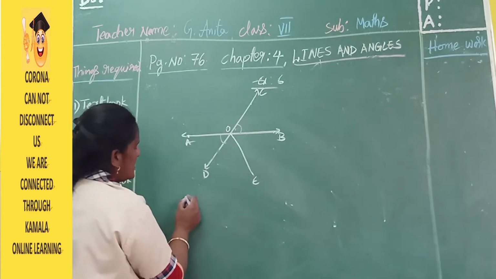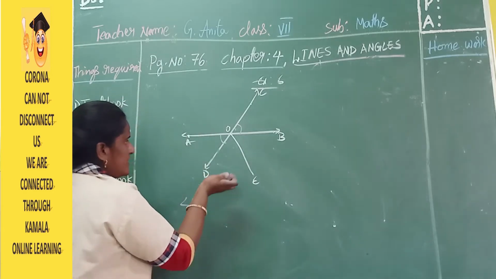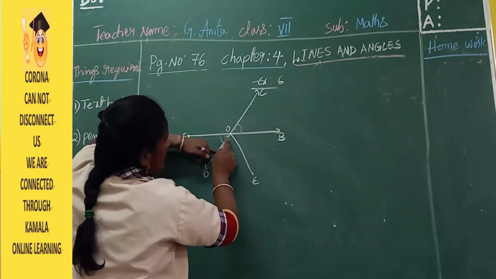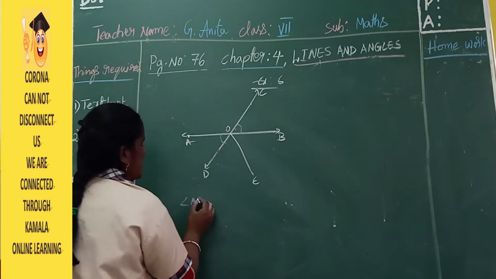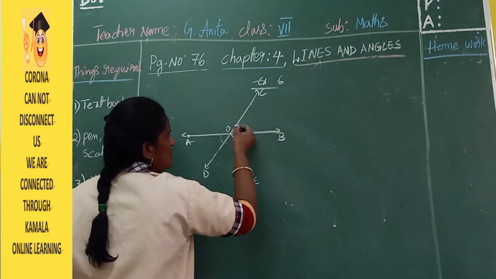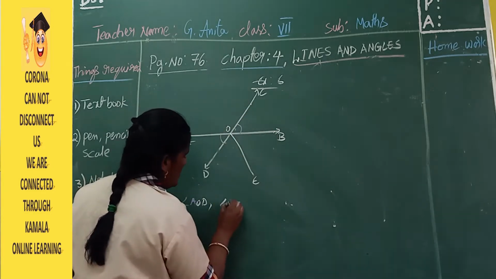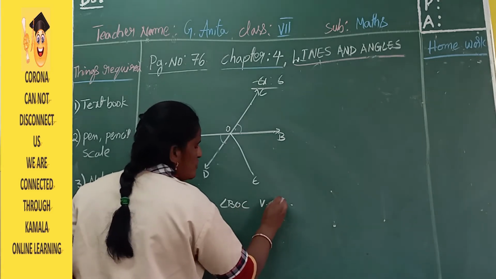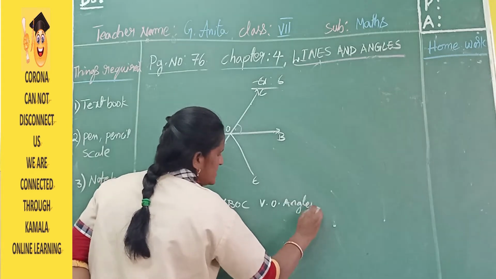So directly we can say that angle AOD and this, they both are vertically opposite angles because they have a common vertex and are opposite to each other. Angle AOD and angle COB, or else angle BOC. These are the vertically opposite angles. I am using shortcut for angles.